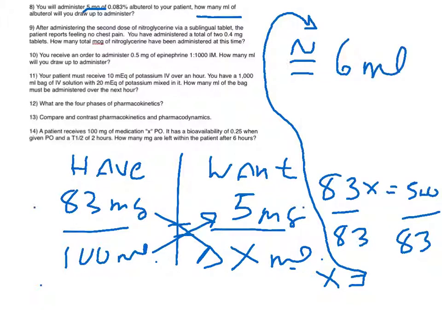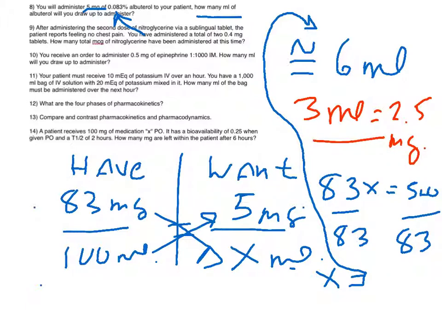And that's actually a good thing to remember, because this is the most common concentration of albuterol that you're going to run into in clinicals, 0.083 percent. If I'm dealing with 0.083% albuterol, which is the most common concentration we run into, every 3 milliliters is going to equal 2.5 milligrams. Now, you remember from lecture, we actually calculated that, and it was 2.49 and some change, and we just rounded to 2.5.